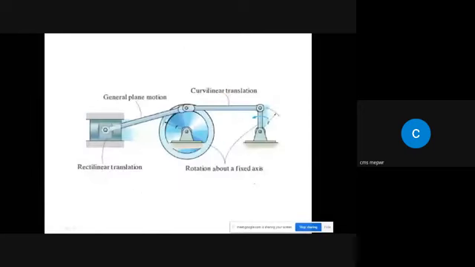Okay, here is an example of a different combination of motion that we can have in a real life machine system. Okay, so you can see, if you observe this object, this point can move like this, and this one can rotate this way.